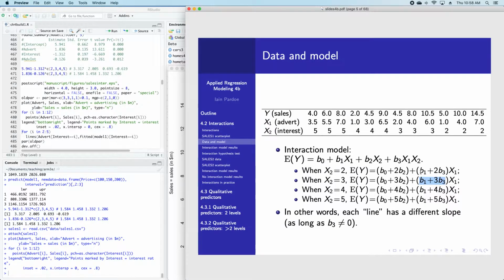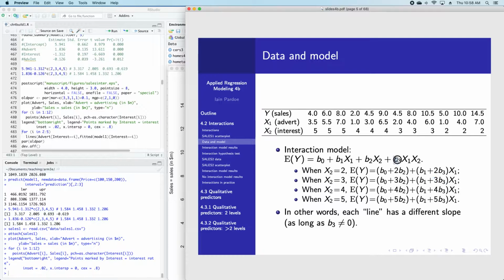B1 is, well, we're going to estimate them in the sample, and when we do that, these will be numbers, and these will be different numbers as long as B3 is not 0. If B3 was 0, this piece would go away, and this piece would go away, and we'd be left with B1 in all cases. So the thing that makes these lines have different slopes is if B3 is not 0.